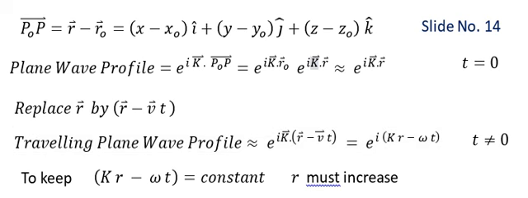Now we know that the phase, which is k r minus omega t, is a constant in a wave. So at any time this is constant. So we can write k r minus omega t is equal to constant. And to keep this factor constant, you know that when time increases, r has to increase, because the negative term is with the time.